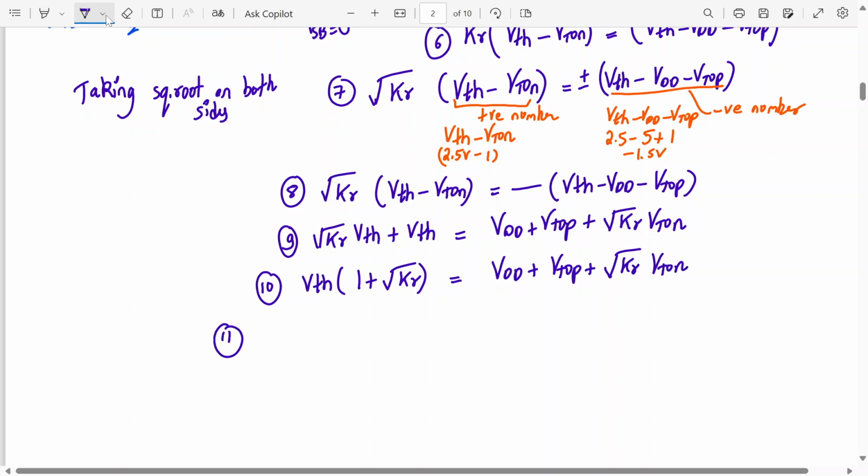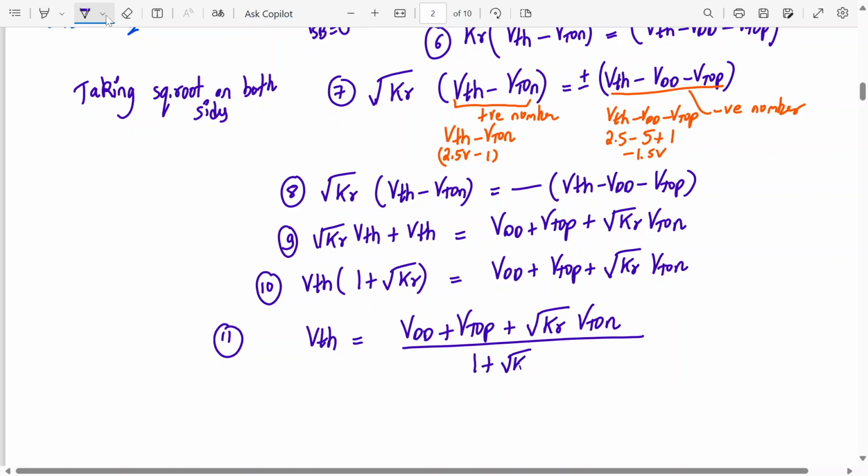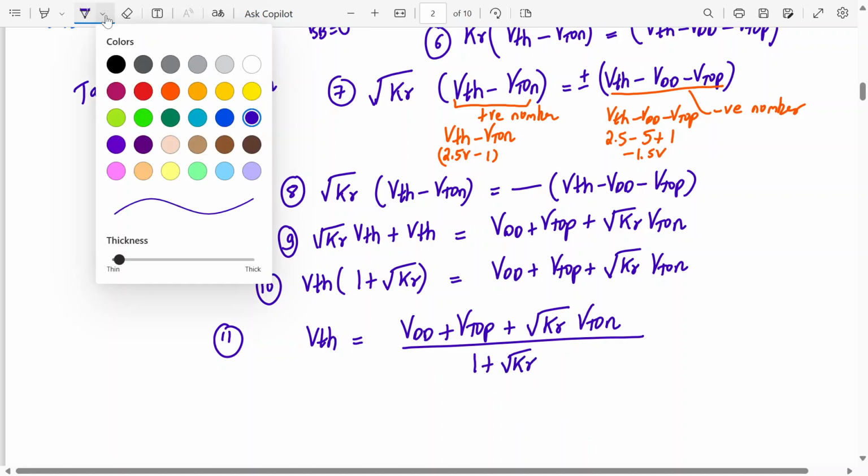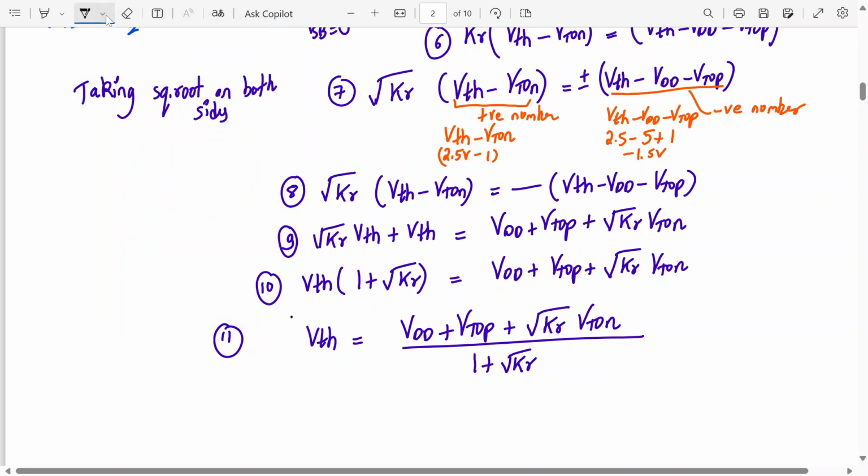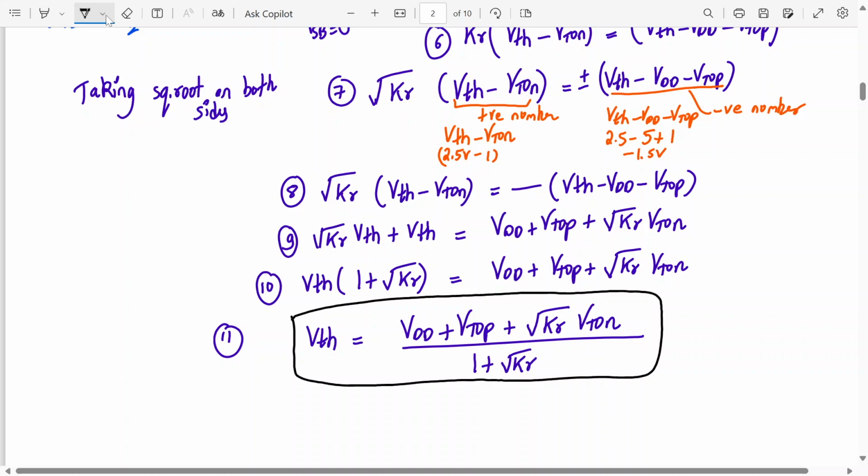Finally, my VTH term will be given by (VDD plus VTOP plus square root of Kr, which is the inverter ratio, into VTON) divided by (1 plus square root of Kr). So this becomes my equation for the switching threshold or trip point of the CMOS inverter. So very important derivation.